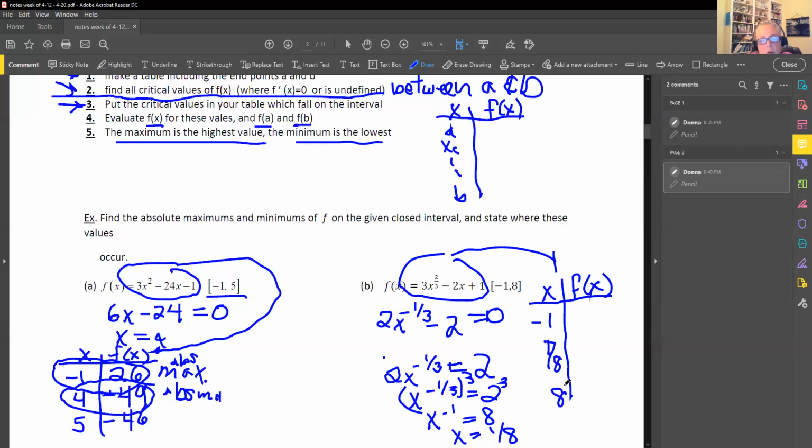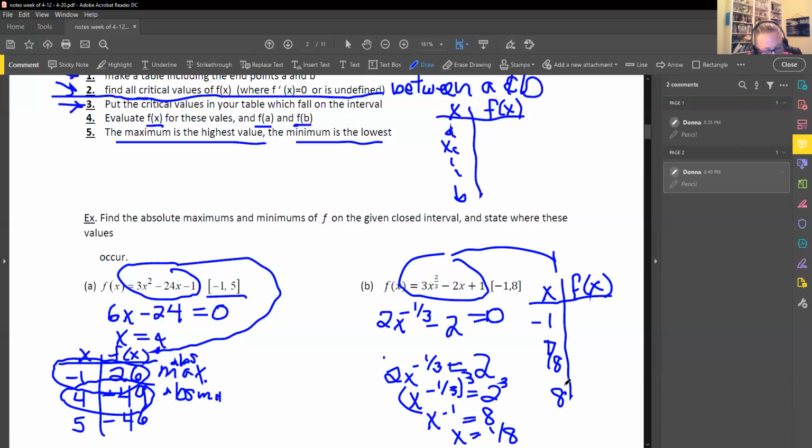All right, so I'm just going to use my calculator real quick and plug those values in. 3x to the 2/3 minus 2x plus 1. All right. Hopefully I typed that in right. Gonna let it run the graph here.